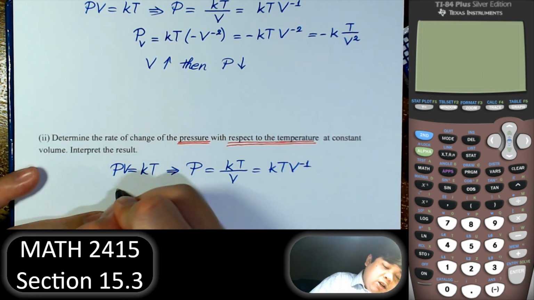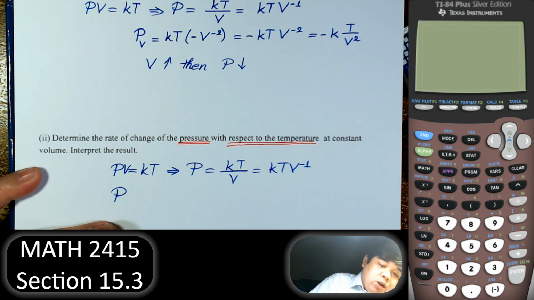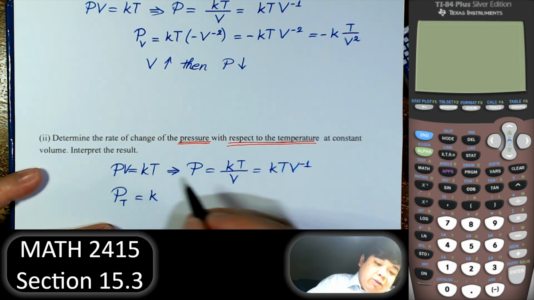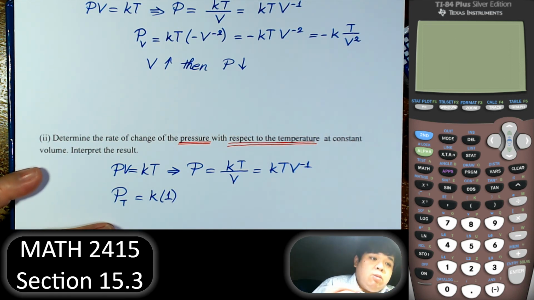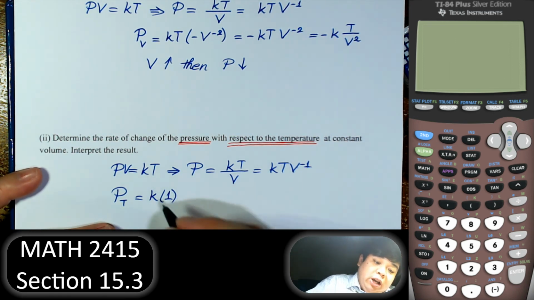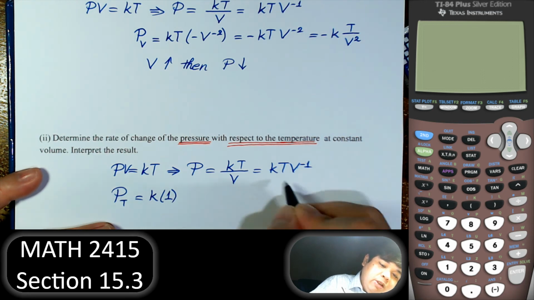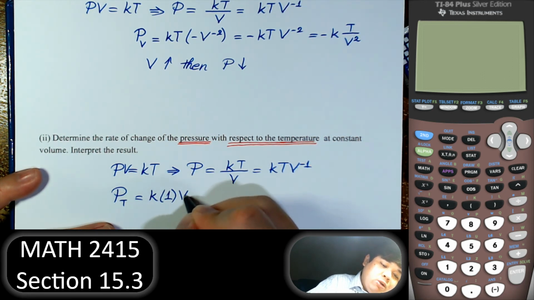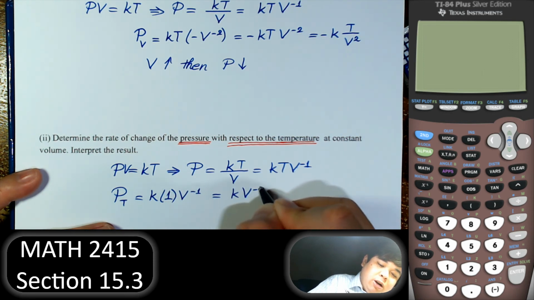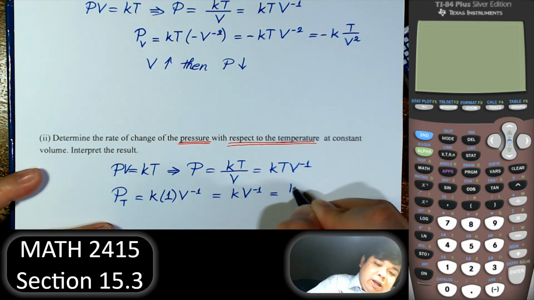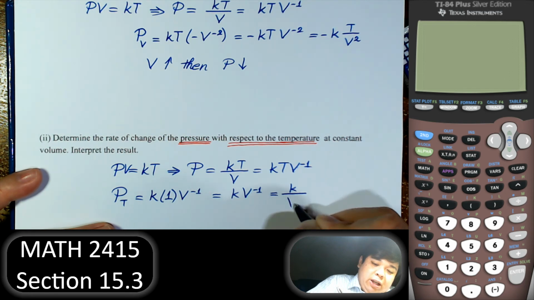But this time we take the derivative of pressure with respect to temperature. With respect to T, K is constant. The constant multiplier will stay, and the derivative of T is 1. V to the -1 is constant, and the constant will stay. So we just have K V to the -1, so K over V.